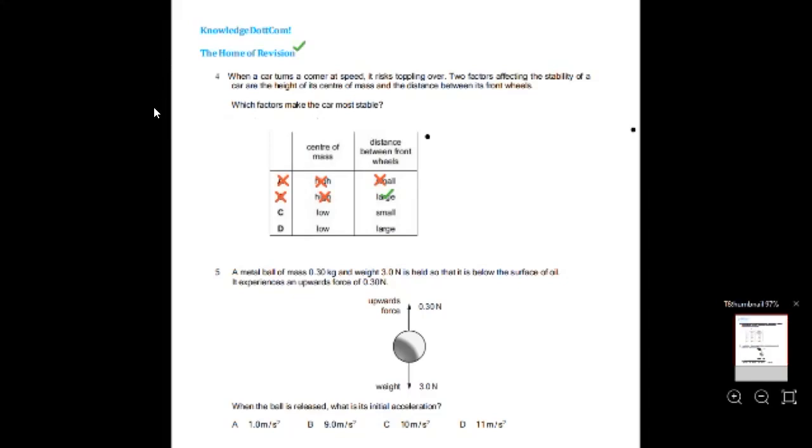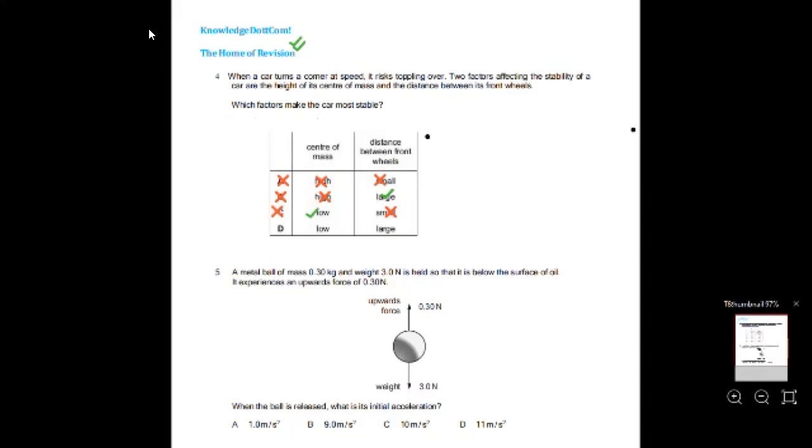Number C, center of mass is low, that's fine, and small distance between the front wheels means small base area, so that factor is incorrect. Overall it is incorrect.